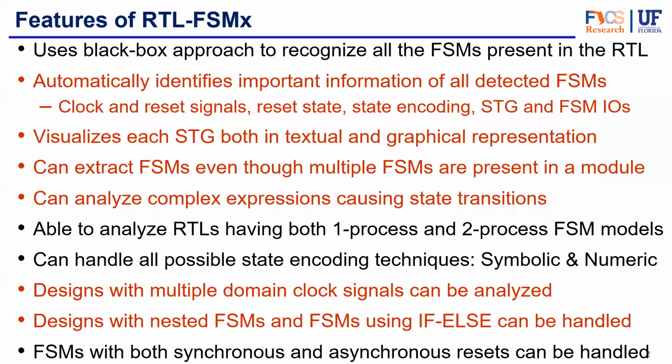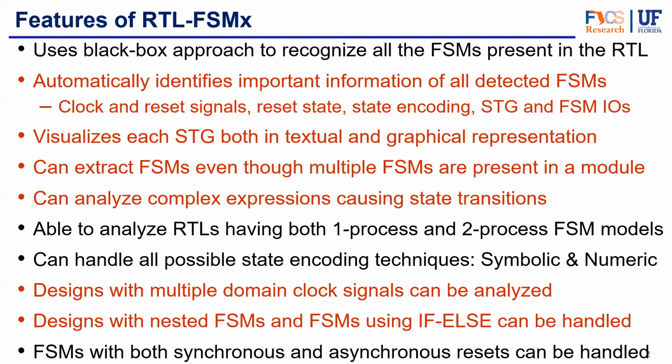Here are shown some of the key features of RTL-FSMx. RTL-FSMx uses a black box approach to recognize all the control FSMs present in the RTL. It automatically identifies important information of all detected FSMs. That means RTL-FSMx can identify the clock and reset signals of the FSM, the reset state, state encoding, STG, and FSM inputs and outputs.